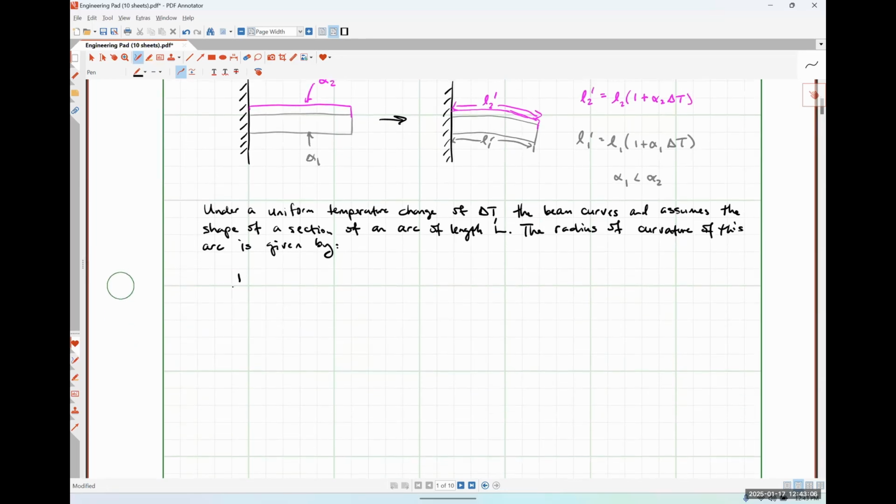So I'm going to have 1 over r, where r is my radius of curvature, will be equal to, and then I'm going to do the denominator first because it's longer.